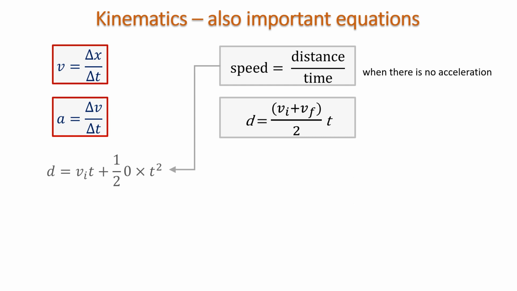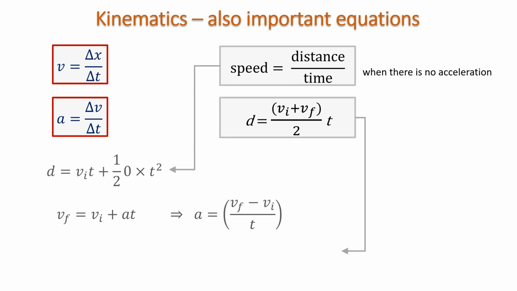Another important formula is d is equal to average velocity times time. And average velocity is initial plus final velocity divided by 2. This also can be reduced from our equations of motion, just that it is a little bit complex.